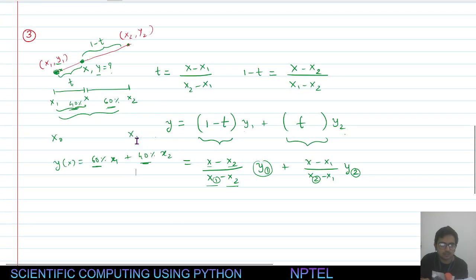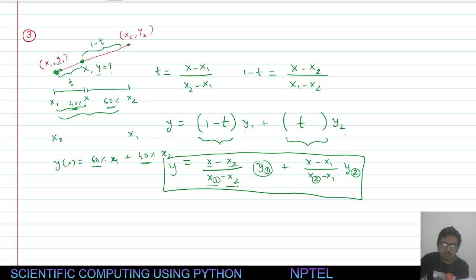Okay. So this enables us to get to the higher order polynomials, as they call it, Lagrangian. So if I have x0 and x1, it becomes y is equal to x minus something over x0 minus something times y0, plus again x minus something over x1 minus something times y1, and this something should be other than 0.